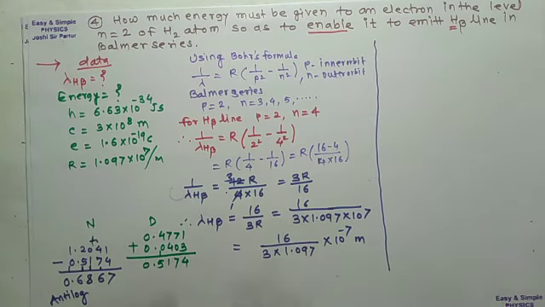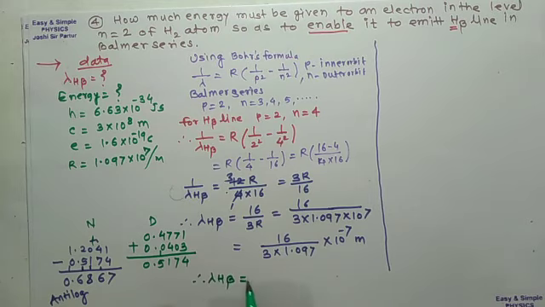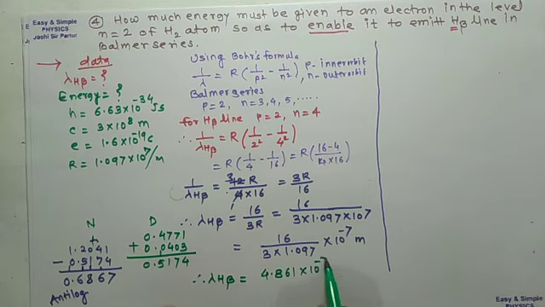So we can say that lambda H beta is equal to 4.861 into 10 raised to minus 7 meter. If we shift the decimal point, it will be 10 raised to minus 3.